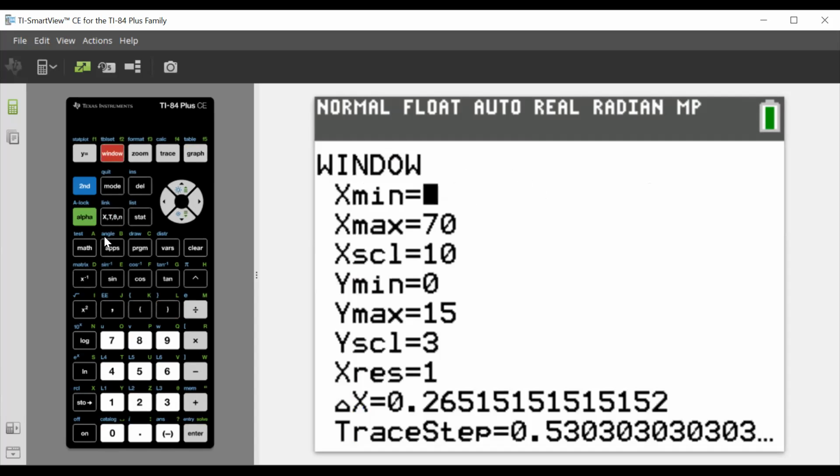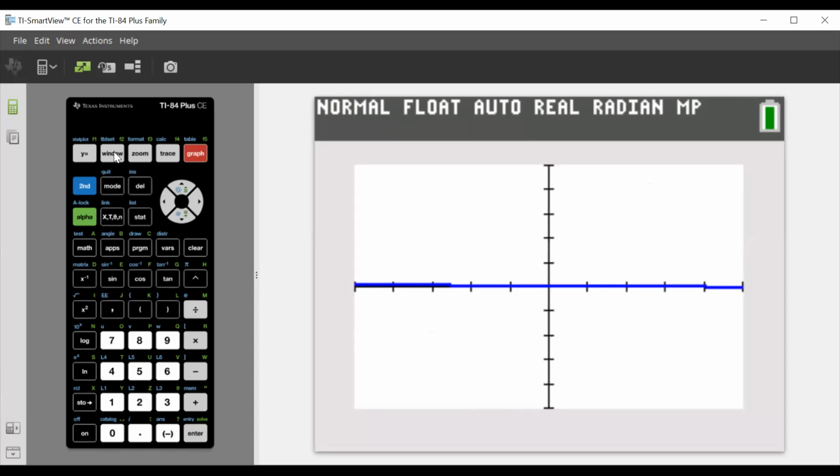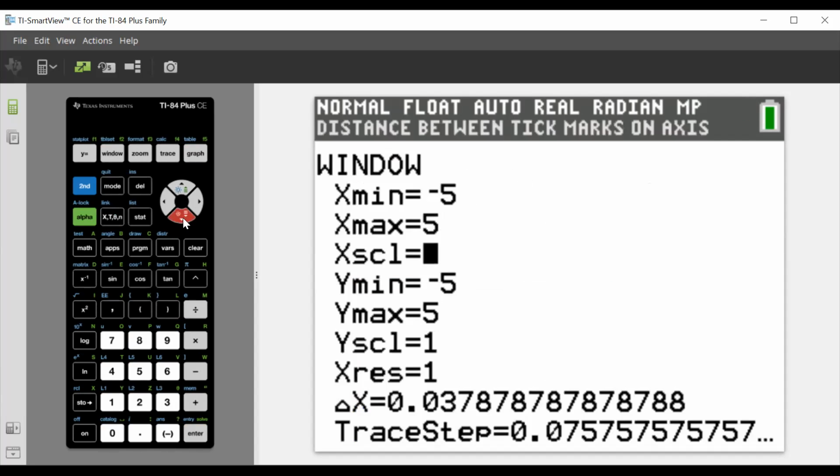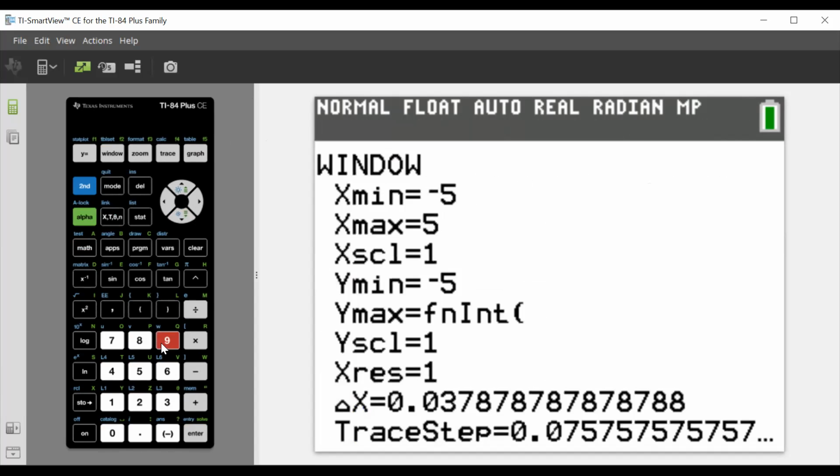No, it's not. We'd probably do from -5 to 5 by 1, and let's see if that makes it so it's still not small enough. So let's not worry about it. We don't care what that is. What we want to do is the integration.